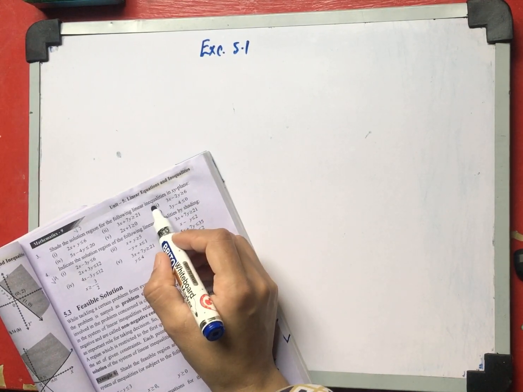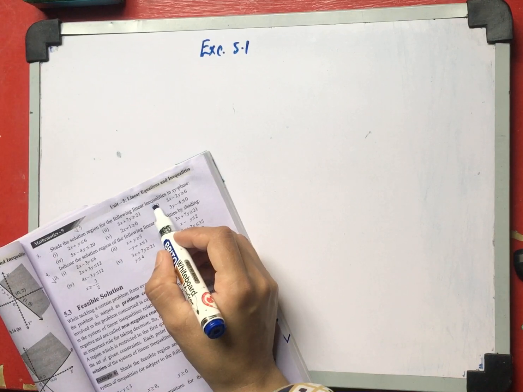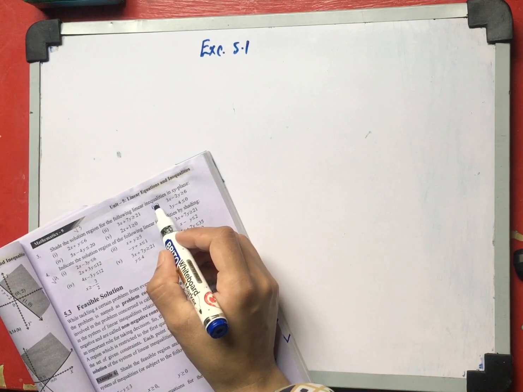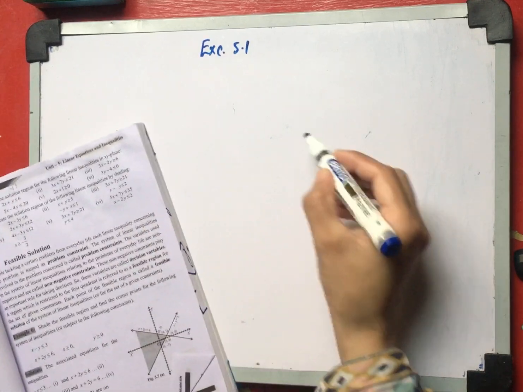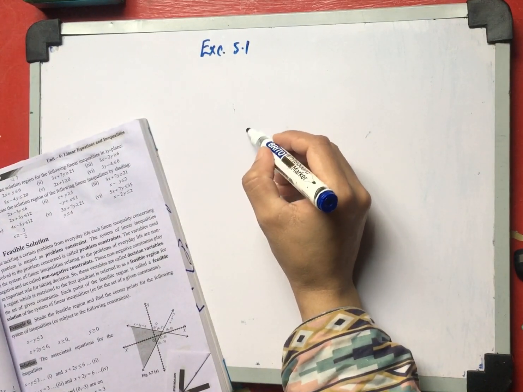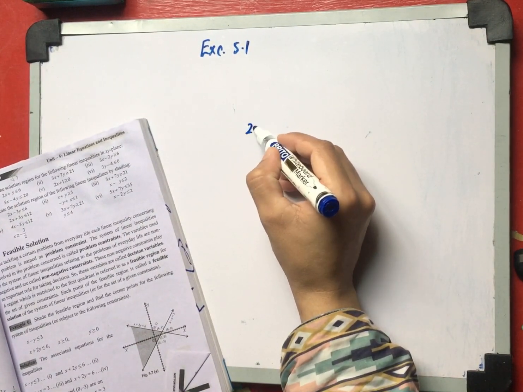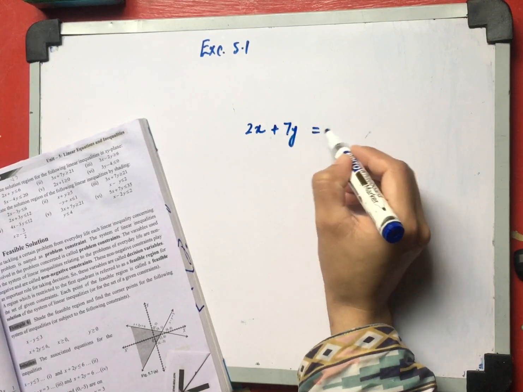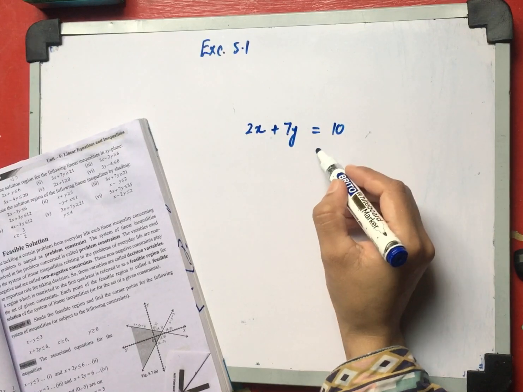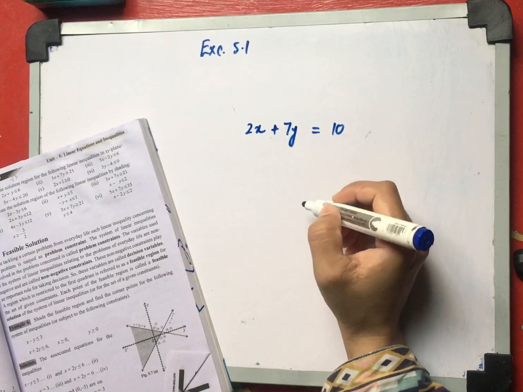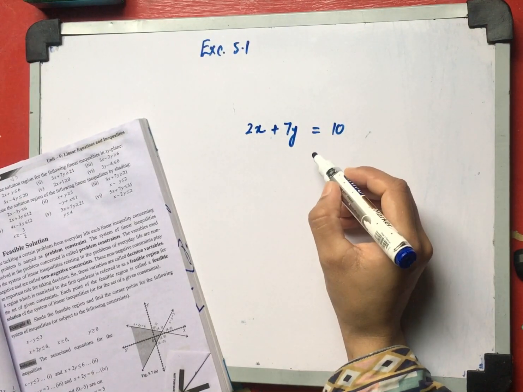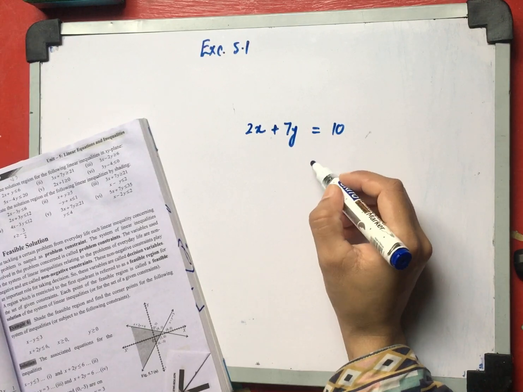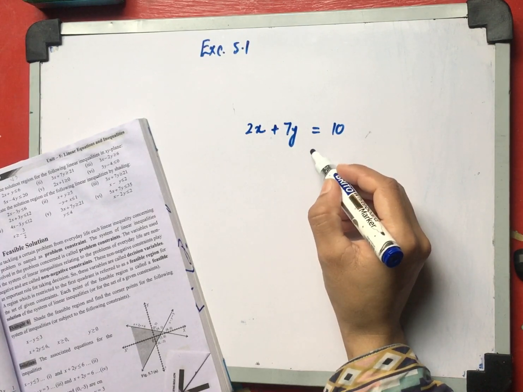So what is linear and what do you mean by inequalities? For example, I am going to write here 2x plus 7y is less than or equal to 10. I already mentioned what an inequality is in my last video. So here I'm going to tell what a linear inequality is.